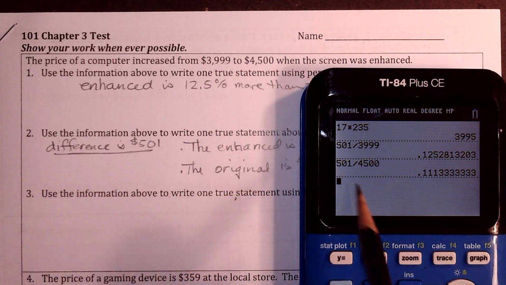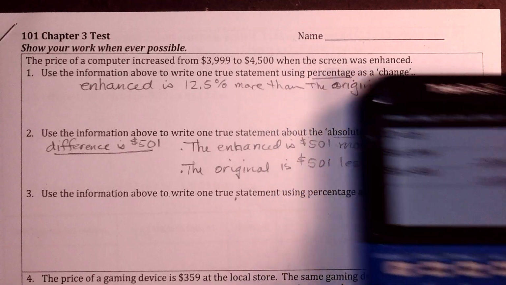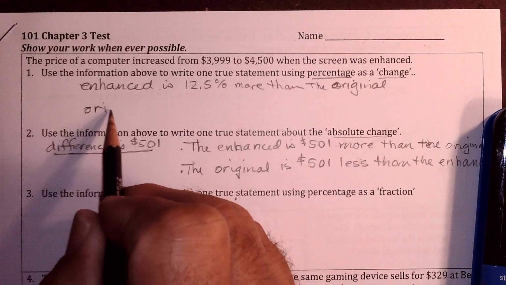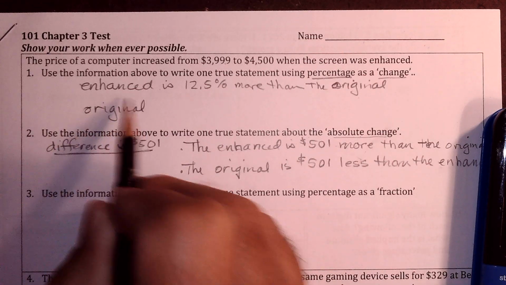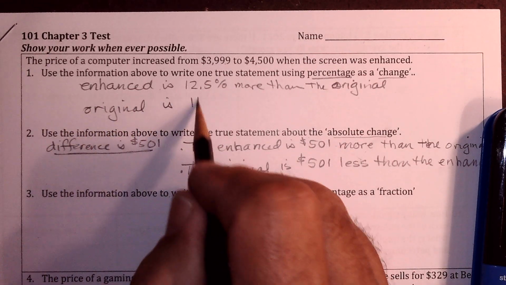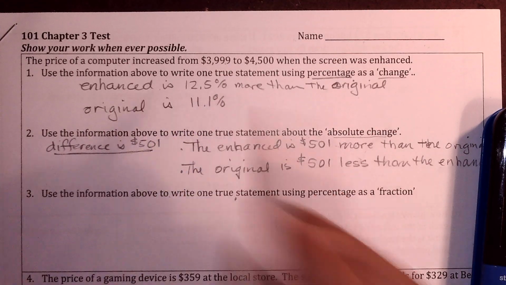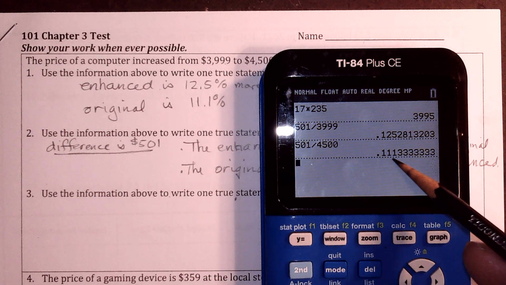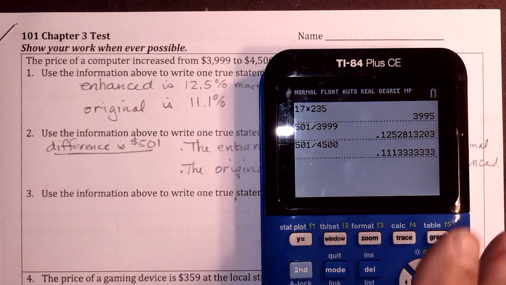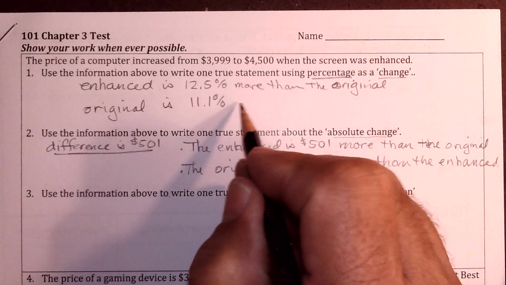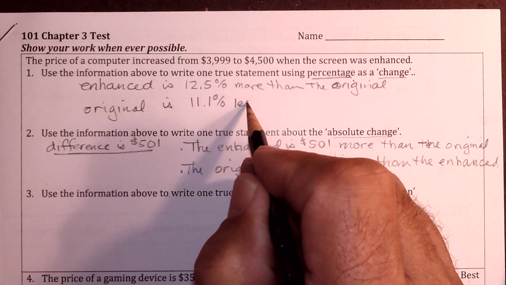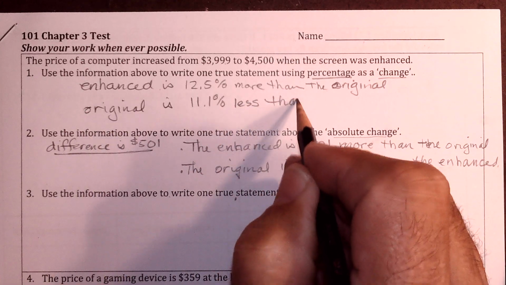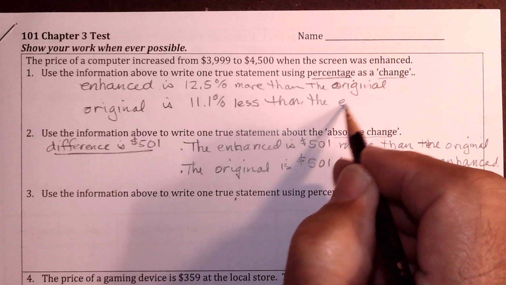Now, the other one, we're comparing it to the enhanced. So, the original is 11.1%, if I multiply that by 100, 11.1% less than the enhanced.